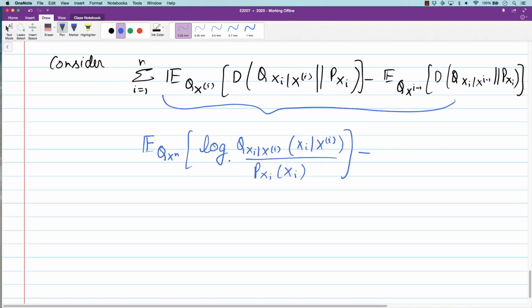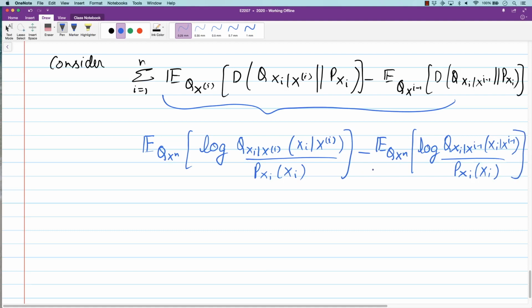Okay, so this is the first term, and the second term again is expected value with respect to q of xn log of q of xi given xi minus 1 by p of xi. So this sort of harmless trick of writing both in terms of a common distribution is something which will come up again and again in this course, and this is sometimes called coupling.